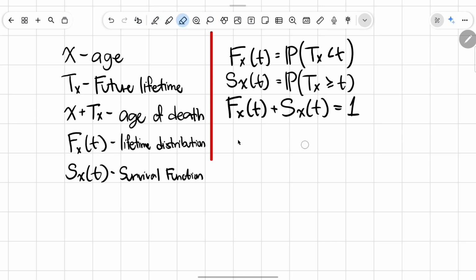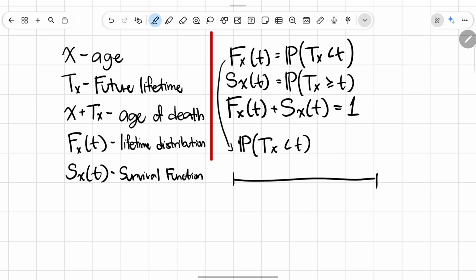So when we go back to the lifetime distribution, when we say the probability of Tx less than t, and we write it again in the timetable, 0, x, x plus t, we want the probability that his future lifetime is only less than t.